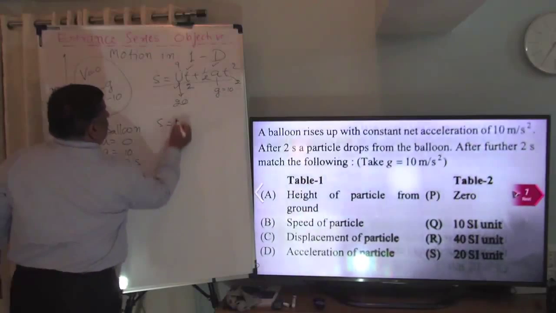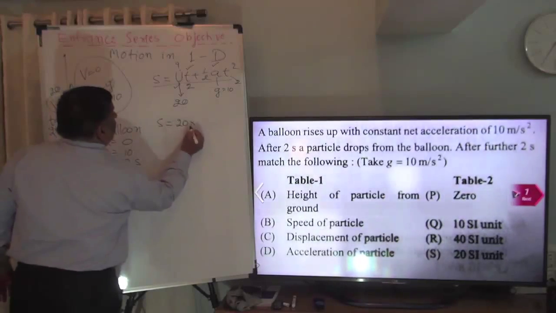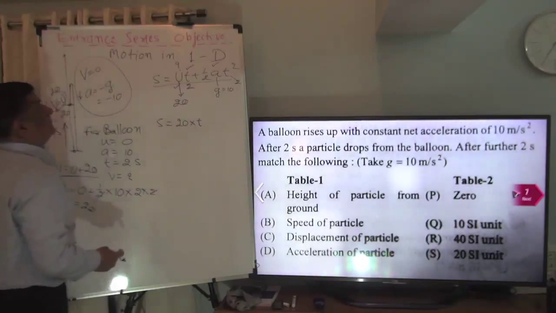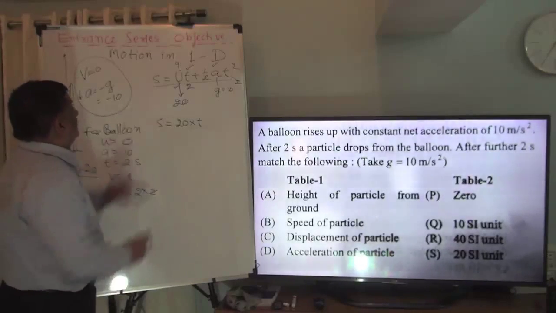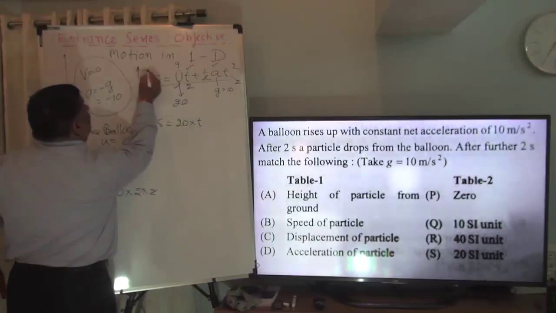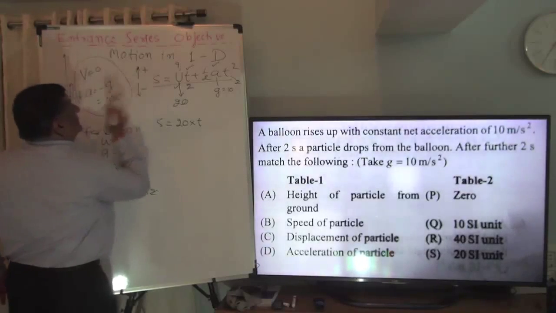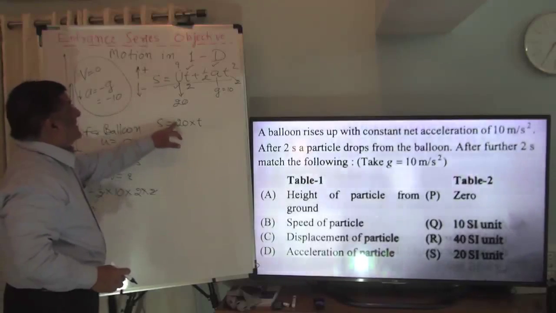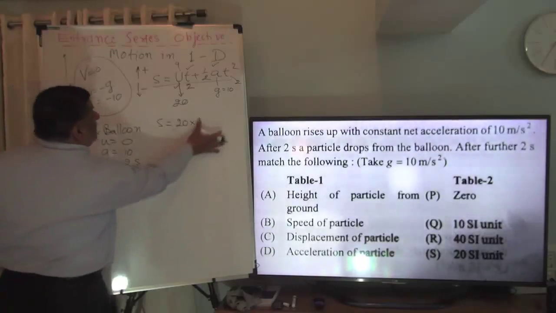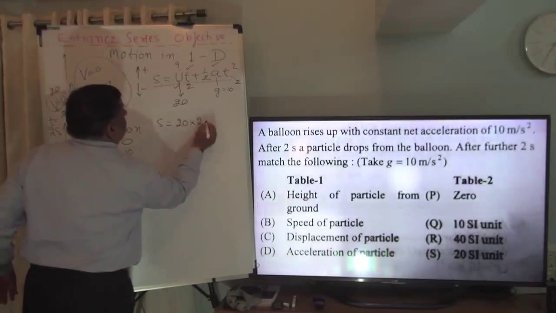S is equal to 20 into t. Mind the sign here, it's very important. We are taking this sign plus and this direction minus. Initial velocity is upward, so it is plus 20 into t, and t is 2.